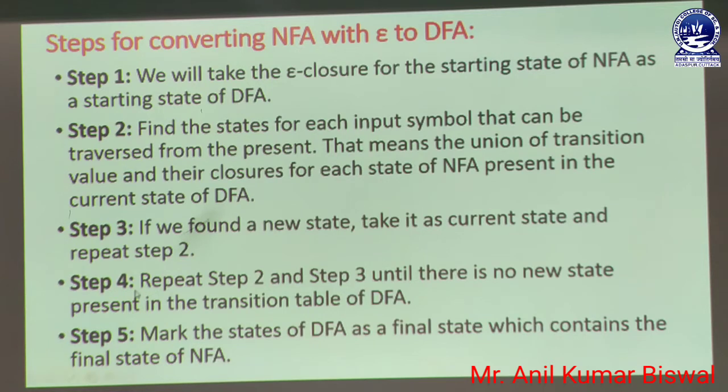In step 4, we repeat step 2 and step 3 until there is no new state in the transition table of the DFA. At that point you must take the help of a transition table or transition diagram, which is very helpful and reliable for the user to create.